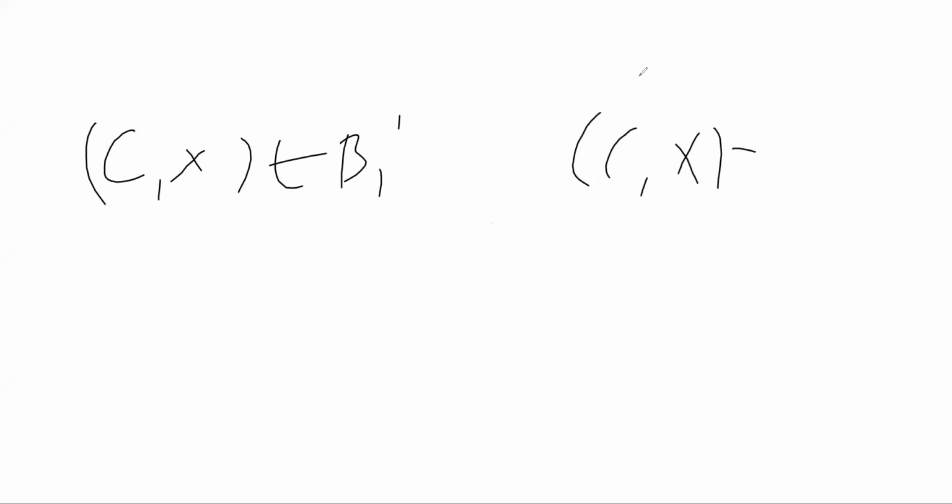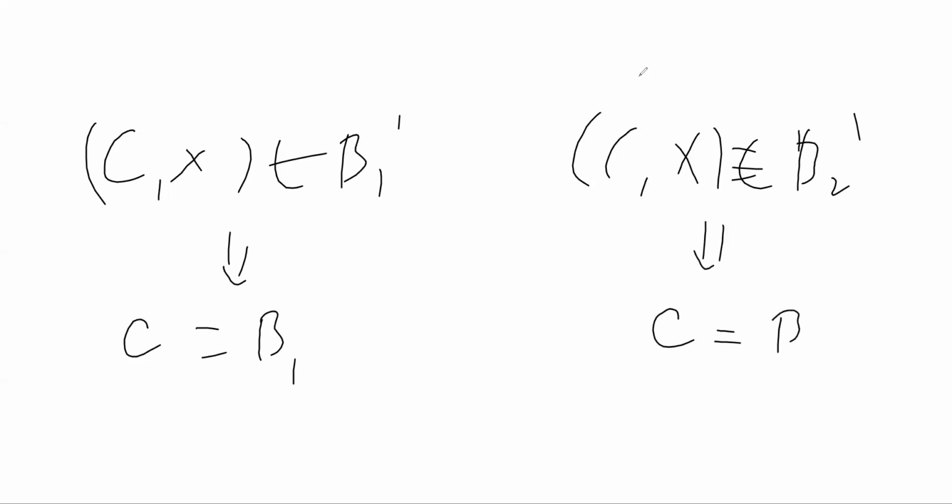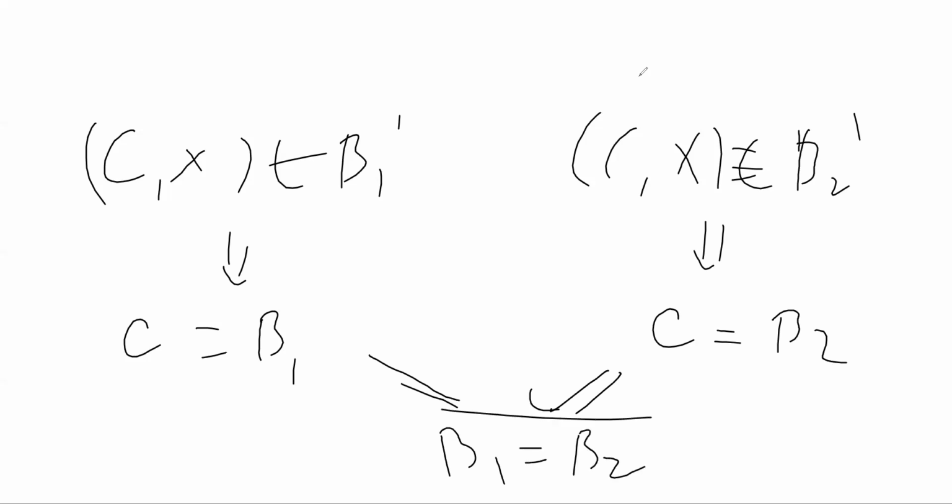Because CX is in B1 prime and CX is in B2 prime, we have that C has to be B1, and here C has to be B2, and then we get that B1 is equal to B2, which is a contradiction. Nice. So we realize that they cannot have any common elements, so they are disjoint.